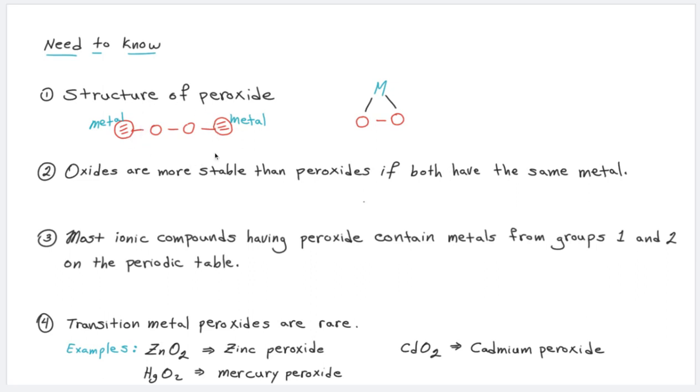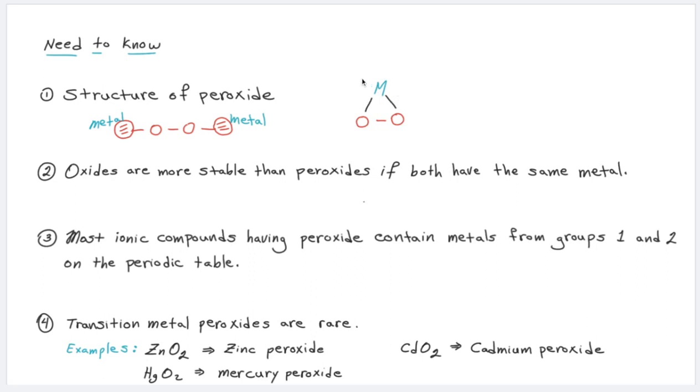We're going to have two metals. These metals are the same, but we're going to have two, and two oxygens bonded together. Also, another structure for a peroxide is something like this. When we have the two oxygens together, this is my peroxide, but instead of having two metals, we have only one.